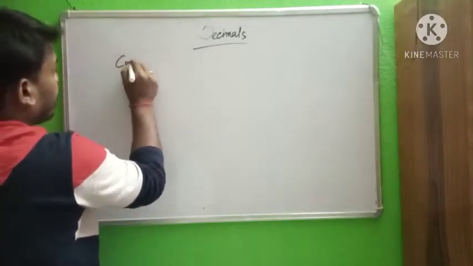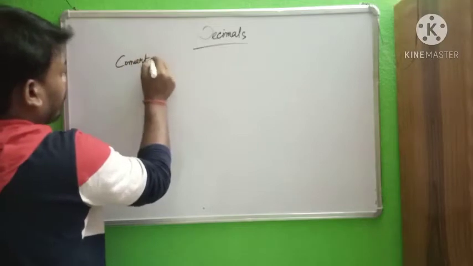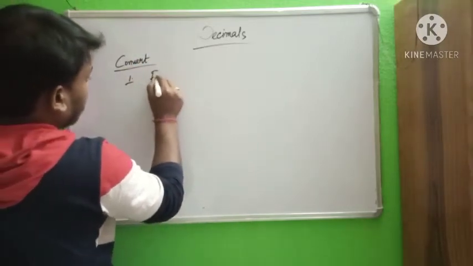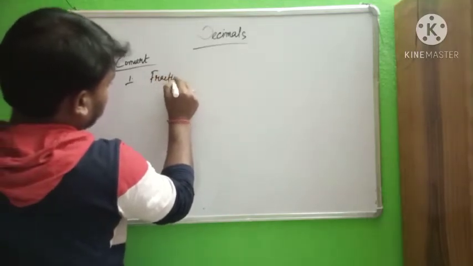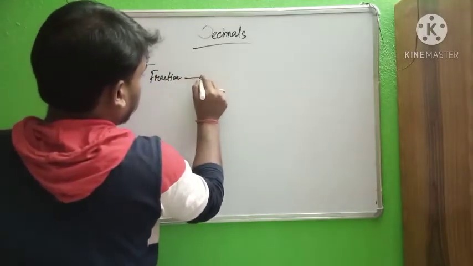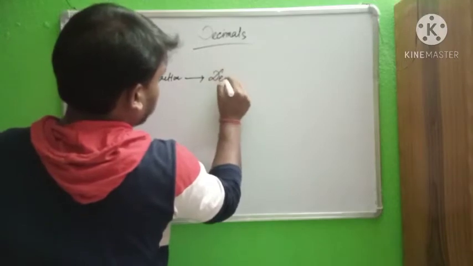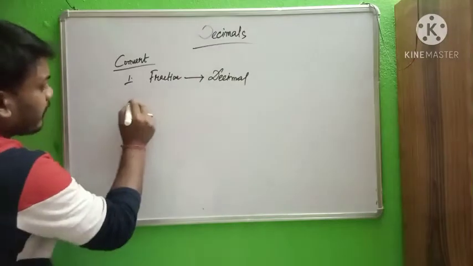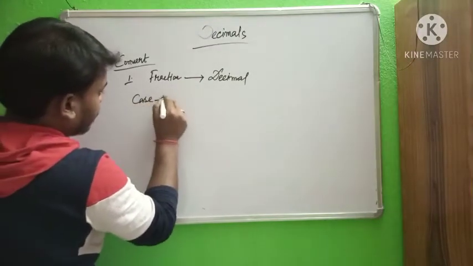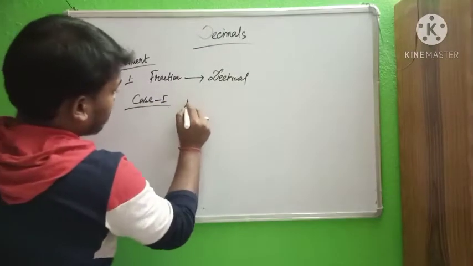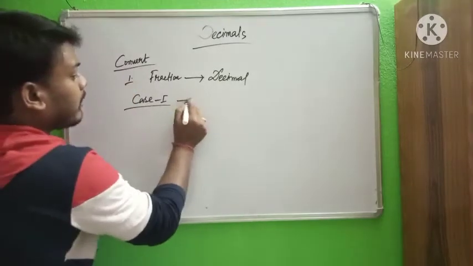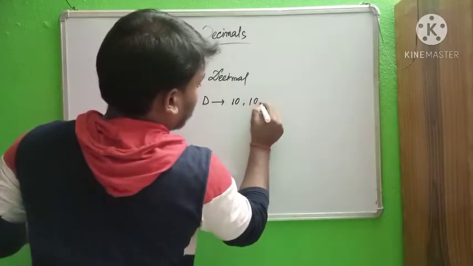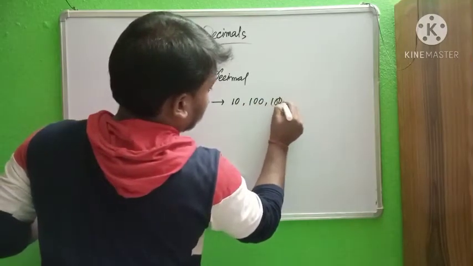How to convert? So first, fraction to decimal. How to convert a fraction into decimal? Case one, when the denominator is 10, 100, 1000, 10,000.